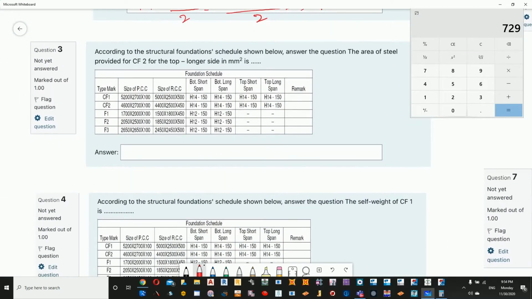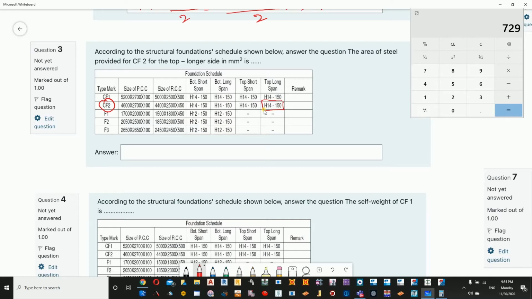Now this is CF2, and we are referring to the long bar in the top. So this is the top long bar where we are having 14 diameter at 150.